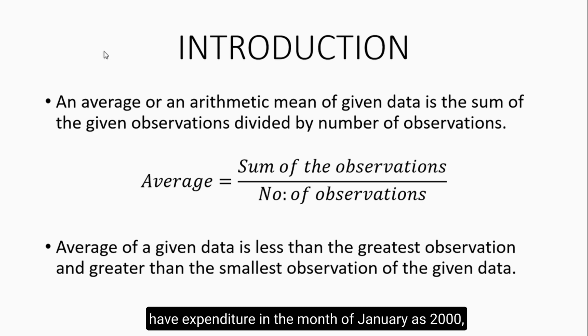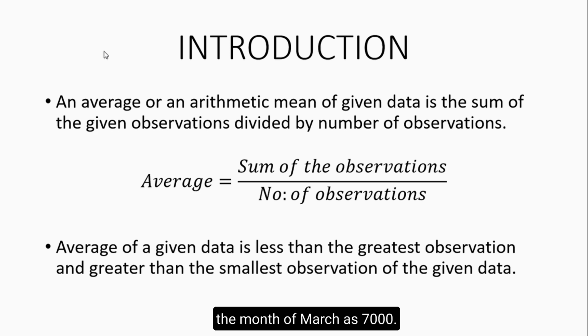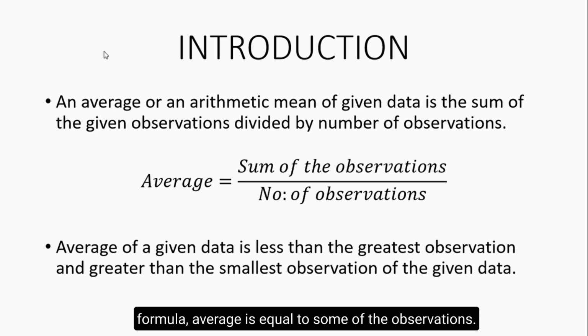I have expenditure in the month of January as 2000, in the month of February as 3000, and in the month of March as 7000. I want to compute the average expenditure of mine over the past 3 months. So as per the formula, average is equal to the sum of the observations.